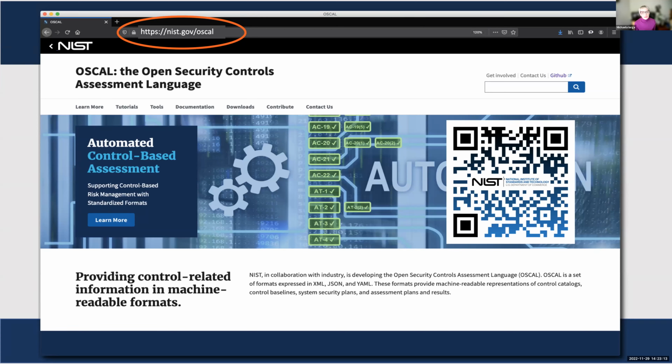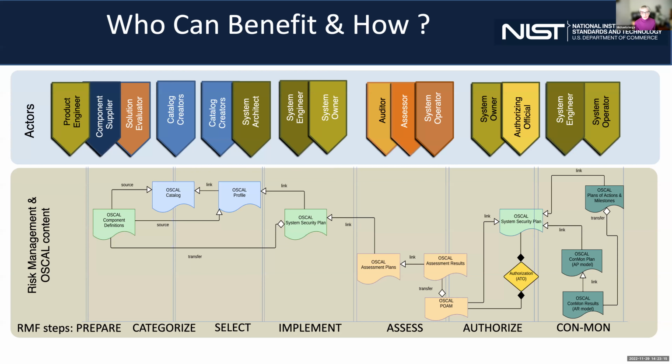In the next slide, we try to capture to give you an overall picture of what the actors are. Here we go. This is the slide that I was referring to.